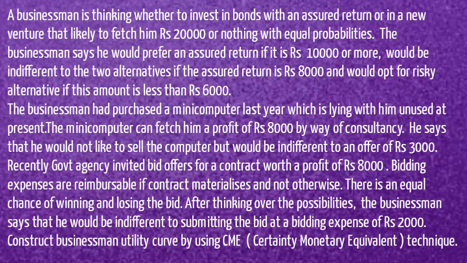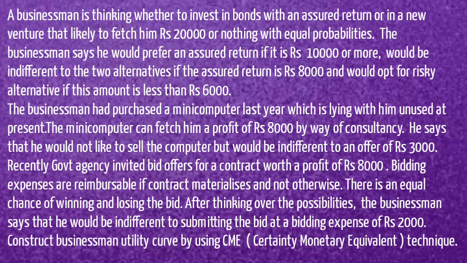The businessman says he would prefer an assured return if it is rupees 10,000 or more, would be indifferent to the two alternatives if the assured return is rupees 8,000, and would opt for the risky alternative if this amount is less than 6,000.